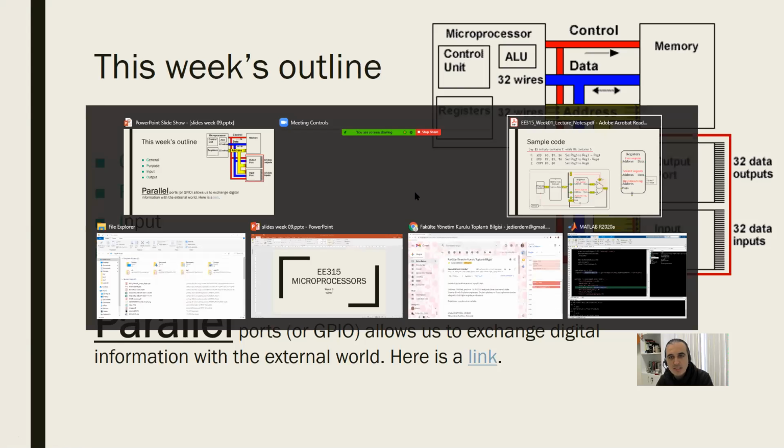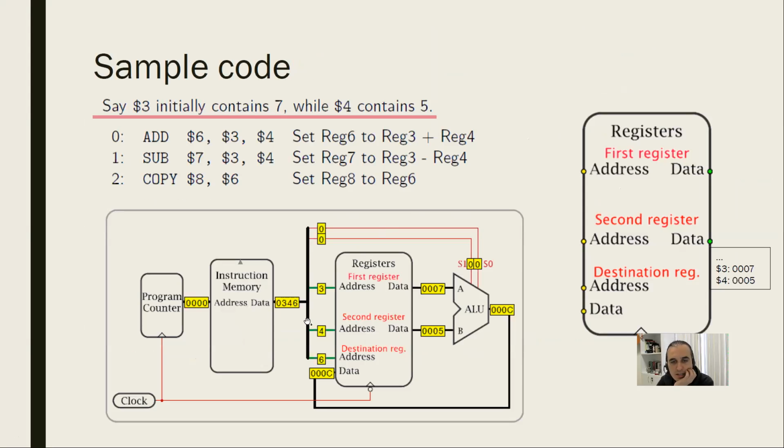If you remember this simple example, this is the instruction. An instruction is written here, which is like add R6, R3, R4. Very similar to our assembly language. And the code was written here.